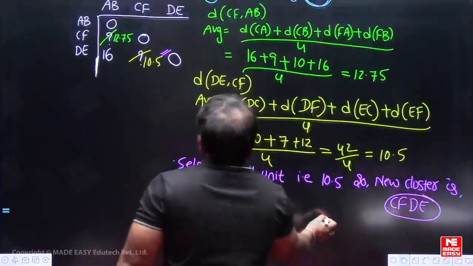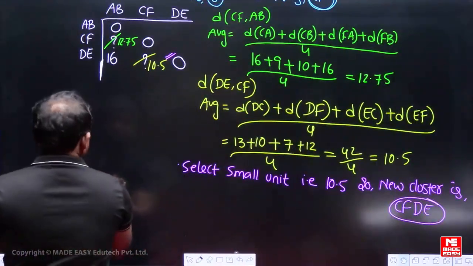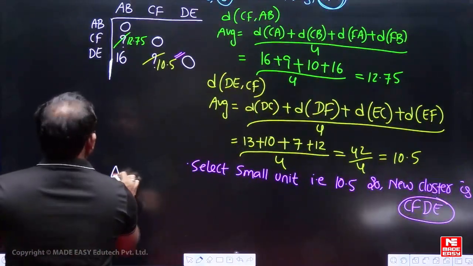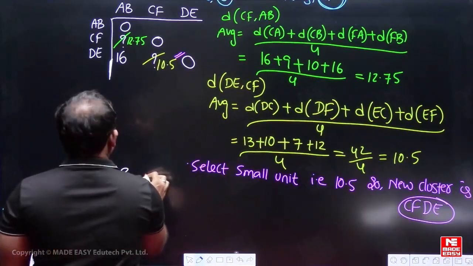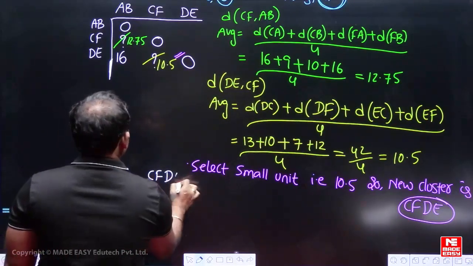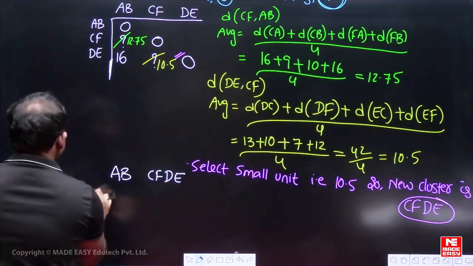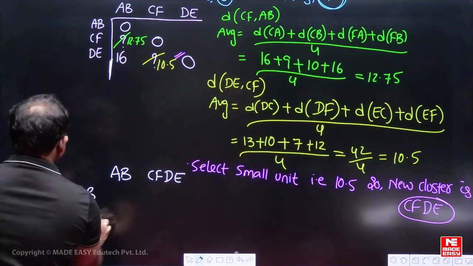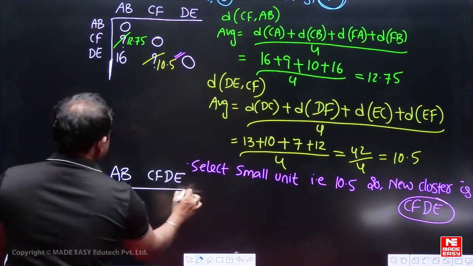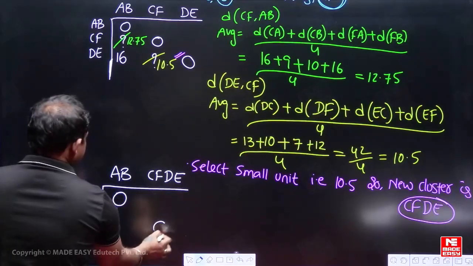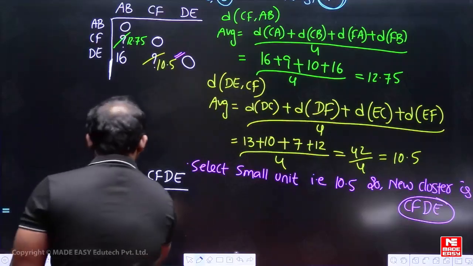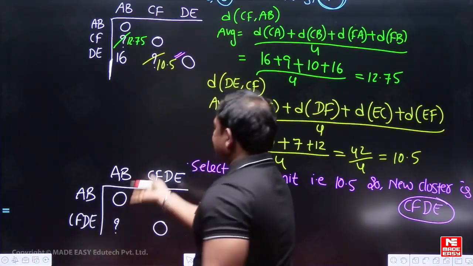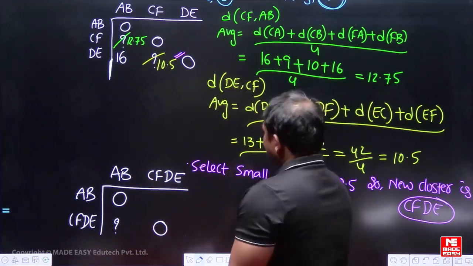What do you have? AB, then CFDE. Right, AB, then CFDE. Diagonal values are zeros. Right? What is the distance? Obviously that becomes the smallest and will be grouped.